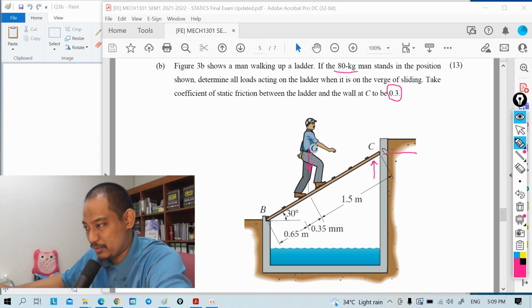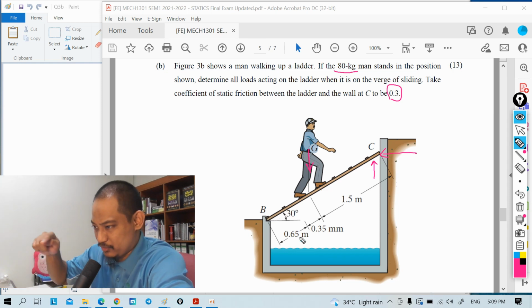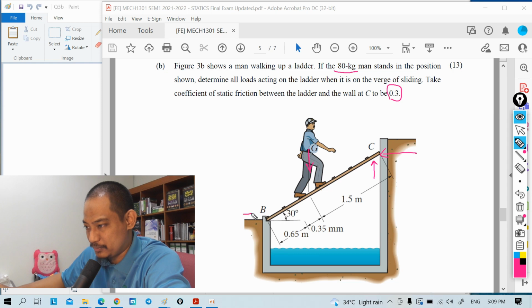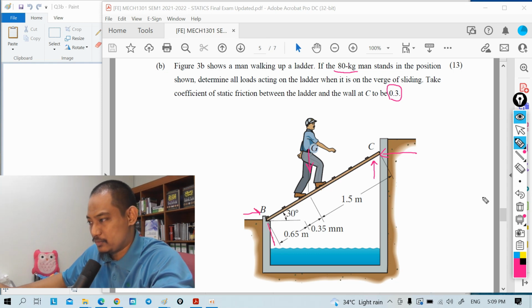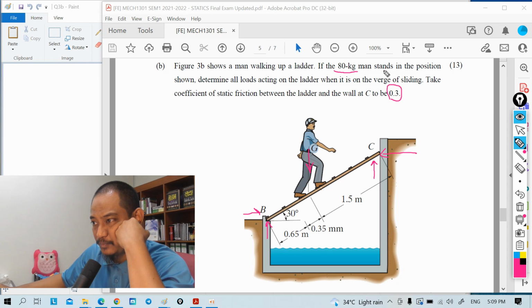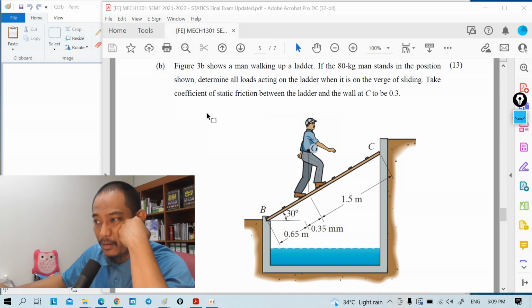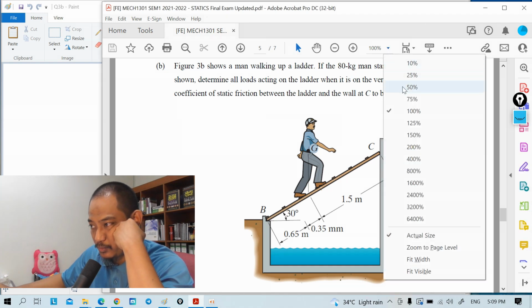Obviously we have the normal reaction here, and because it's stuck on that one, there should be a reaction here, and a reaction upwards as well. So those are all the forces, and what does the question ask? Determine all loads acting on the ladder, meaning all of these have to be solved. All right, so let's go.